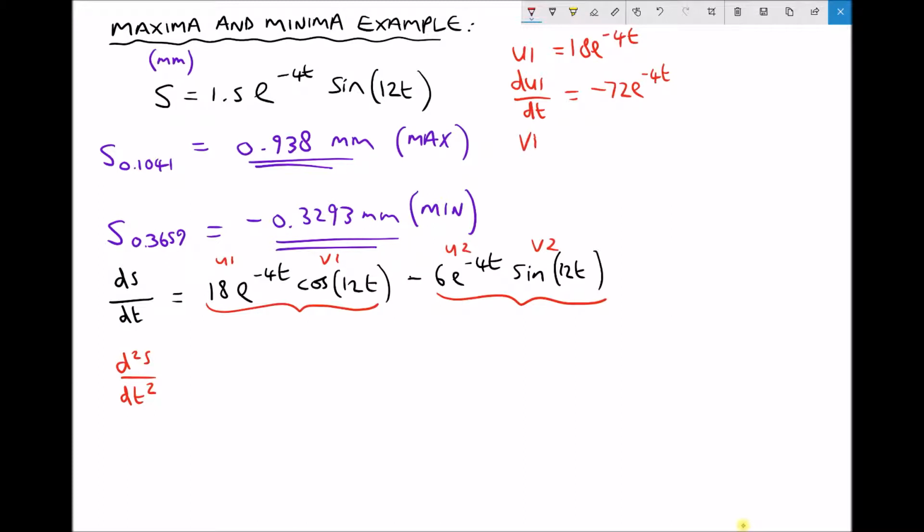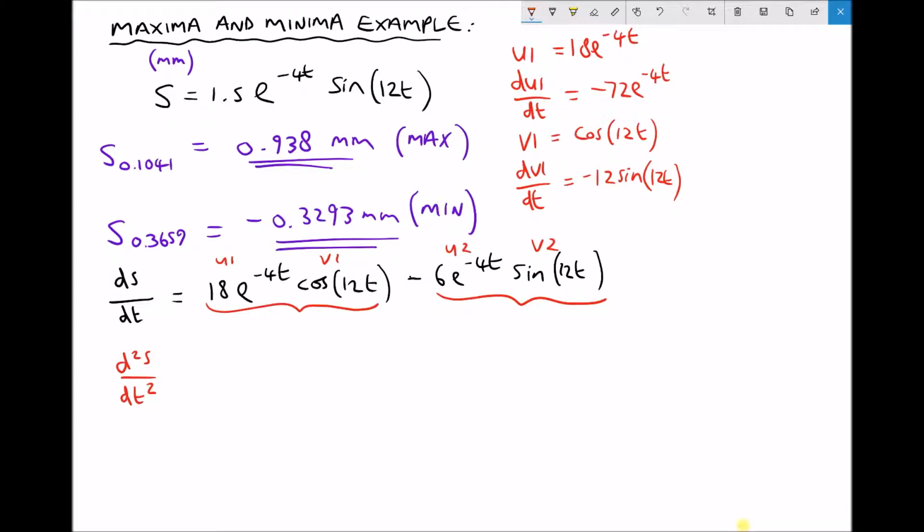I have v1 is cos 12t. Cos differentiates to minus sine, so dv1 by dt is minus 12 sine 12t.